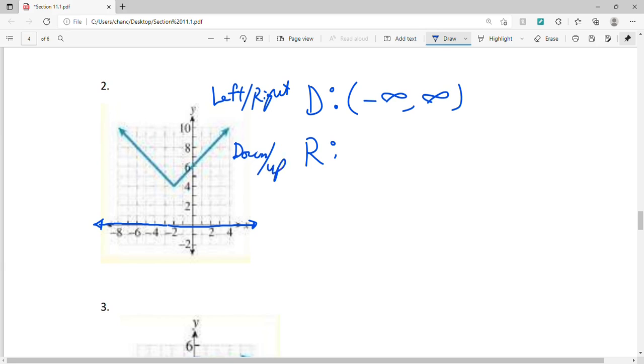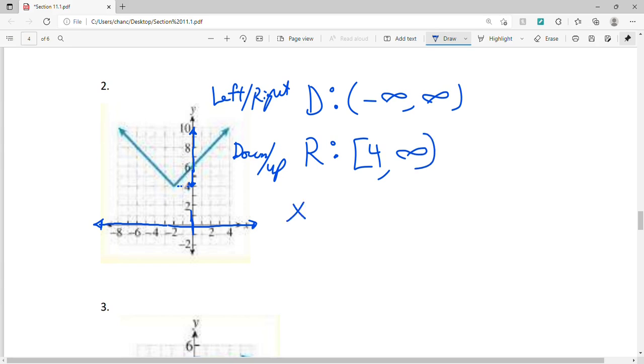So it goes down, if you were on an elevator, down only up to here, which is a positive 4. So we're going to go down to 4 with a square bracket, and if we look at the picture, it goes up forever. We have to go up on this elevator forever. So the range is 4 to infinity.